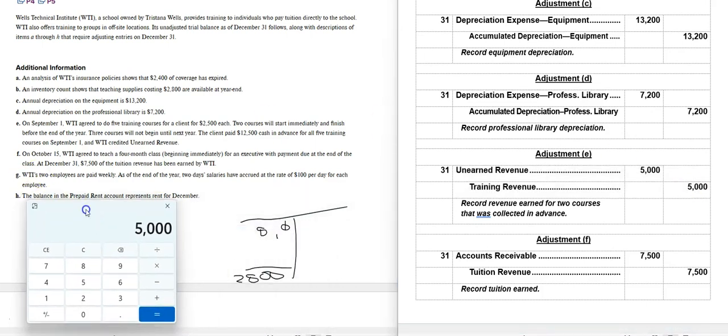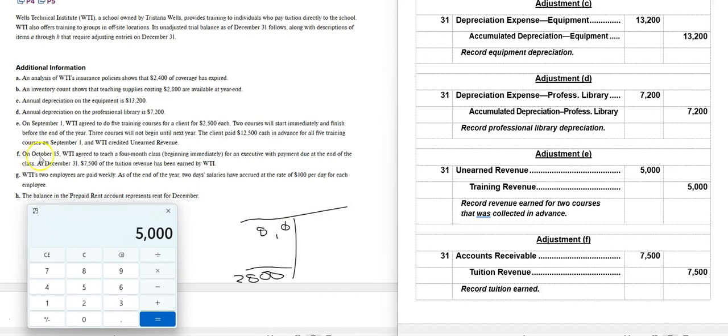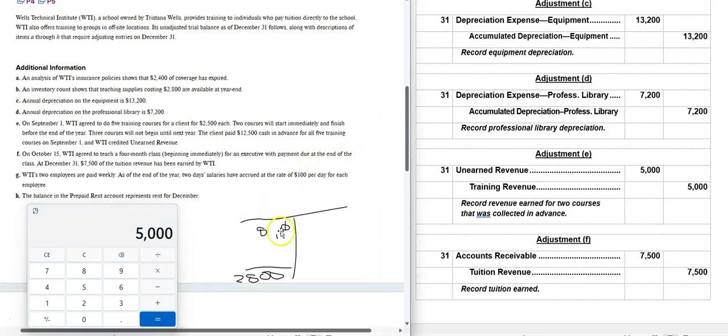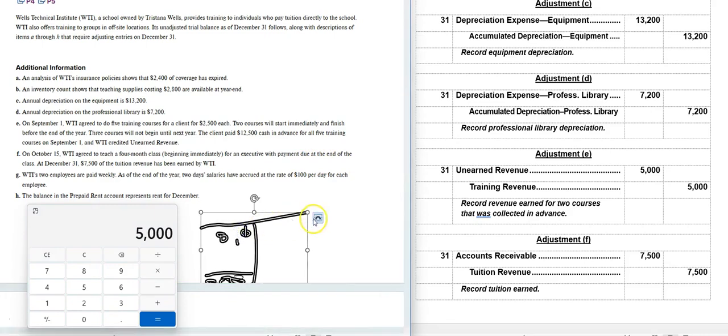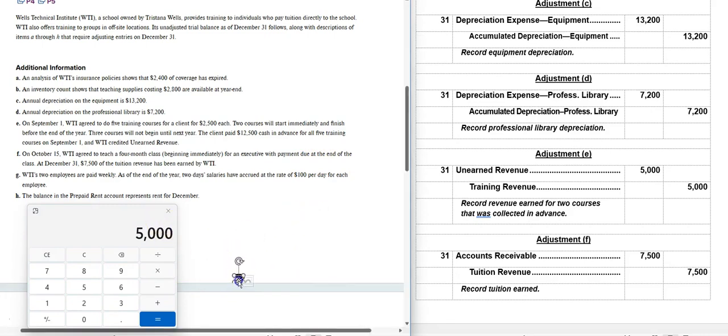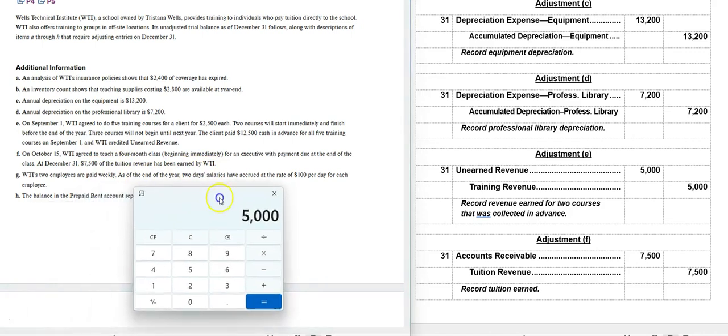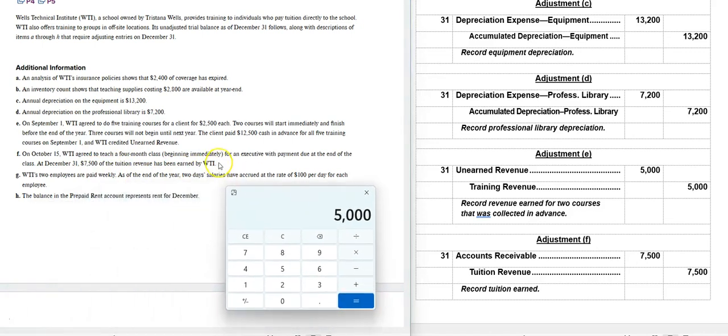All right, adjustment F. On October 15th, we agreed to teach a 4-month class for an executive with payment due at the end of the class. At December 31st, $7,500 of tuition revenue has been earned by WTI. All right, so we are providing a service to a customer.